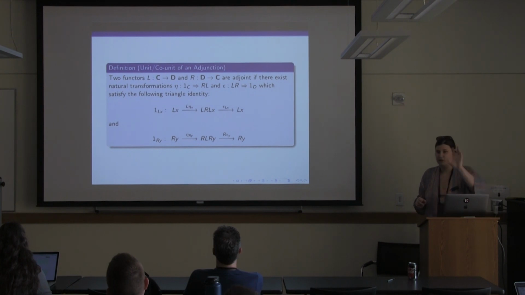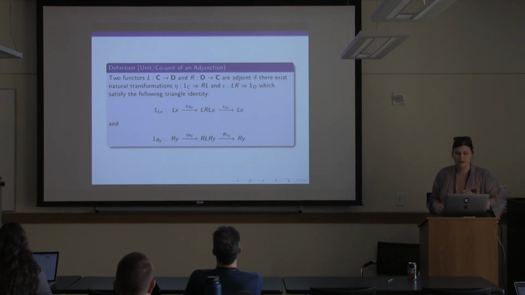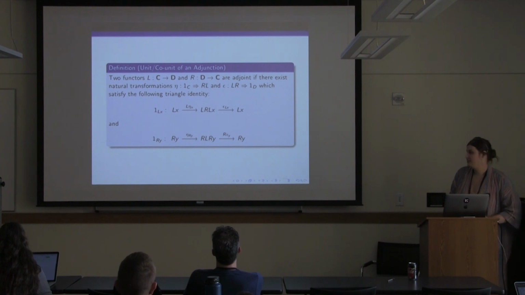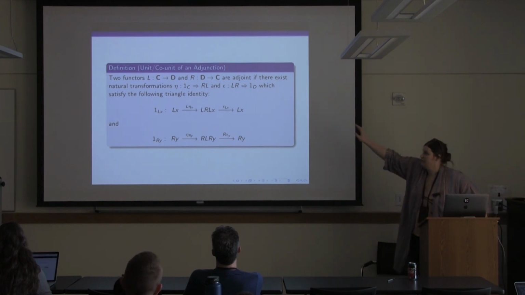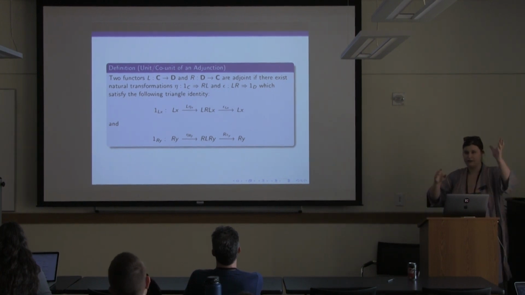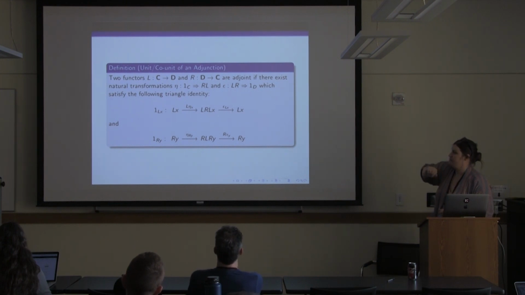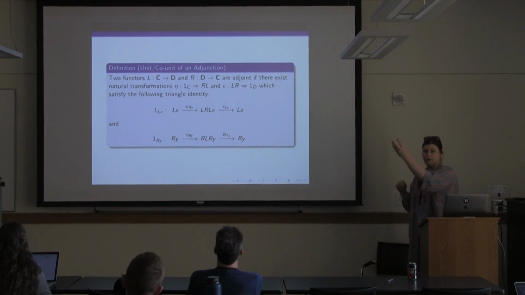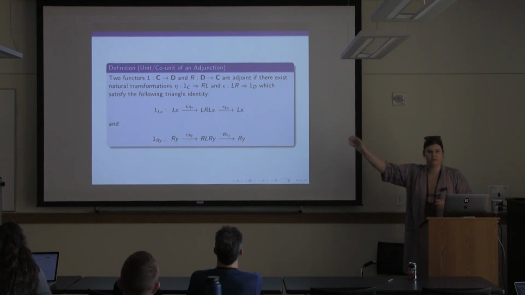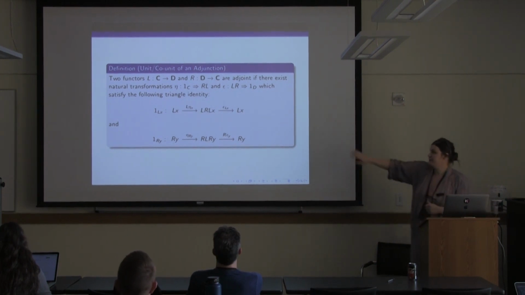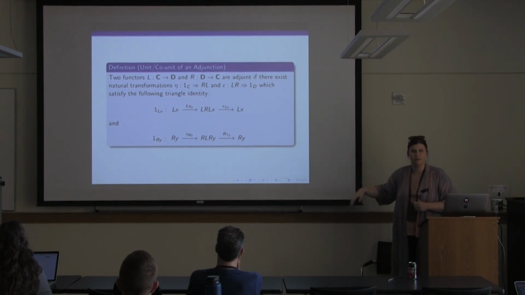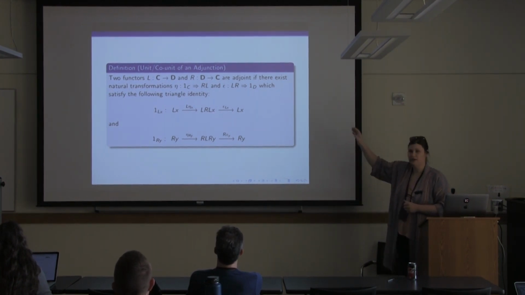So an equivalent statement to what we just said is to say that for two functors that are adjoint, there exist natural transformations from the identity functor on C to the composition of right and left functors, and a natural transformation from the composition of left with right to the identity functor on D, and if they satisfy this triangle identity, which we're not going to go into too hardcore, then they are an adjunction.